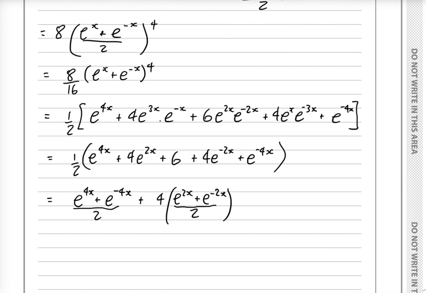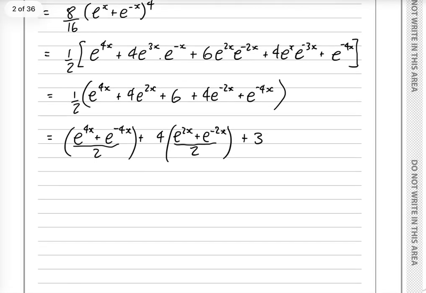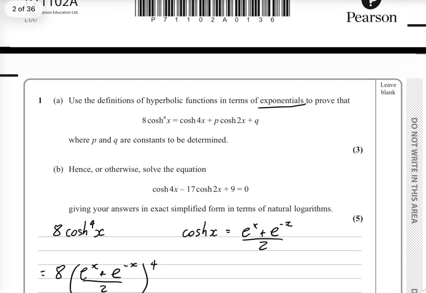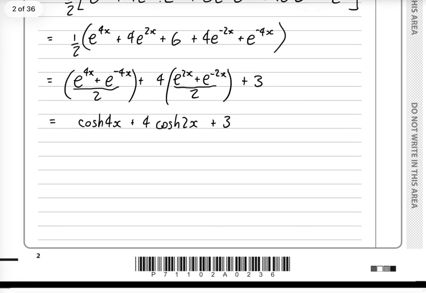And then we've got plus 6, and that's over 2 as well, so that's plus 3. Now my two sets of brackets here simply change into cosh 4x, 4 lots of cosh 2x, plus 3. So comparing that to what we were given, p is equal to 4 and q is equal to 3.